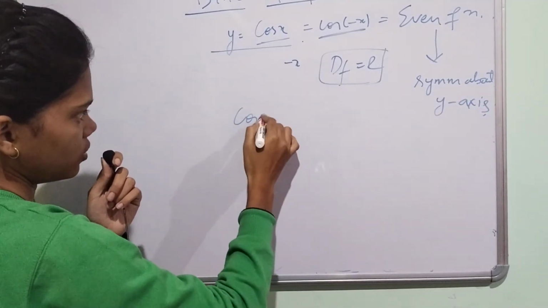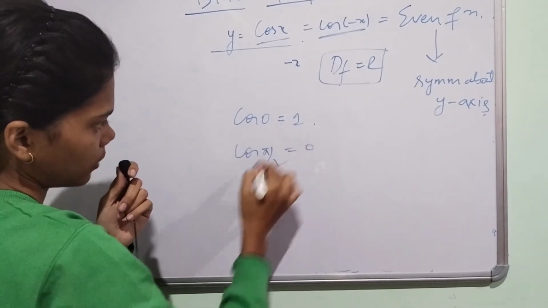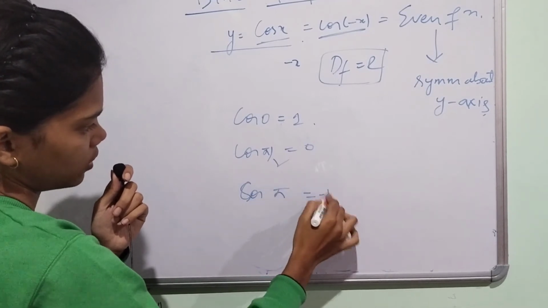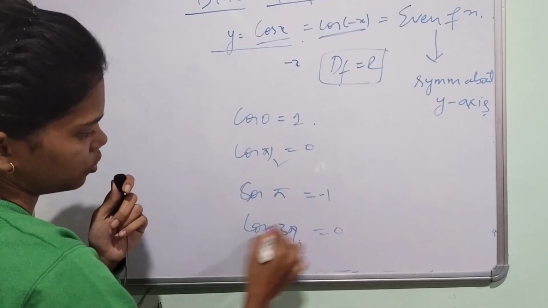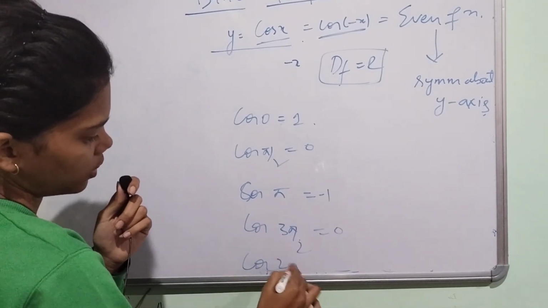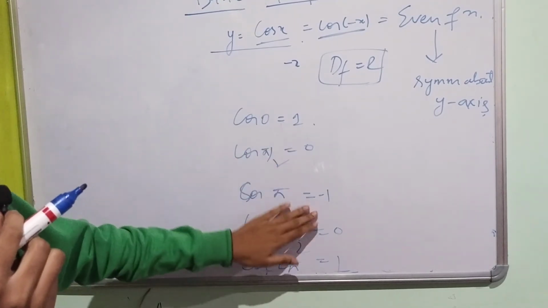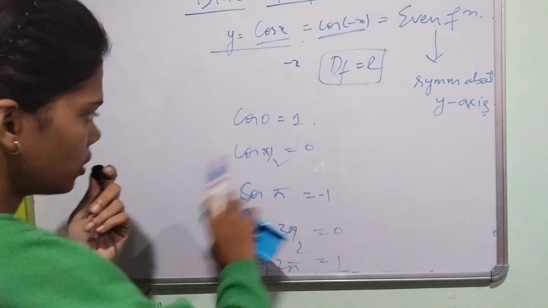Some values you should know: cos 0 is 1, cos pi by 2 is 0, cos pi is minus 1, cos 3 pi by 2 is again 0, and cos 2 pi is again 1. So it is repeating the values 1, 0, minus 1, 0, 1. It is just like oscillating between 1 and minus 1.